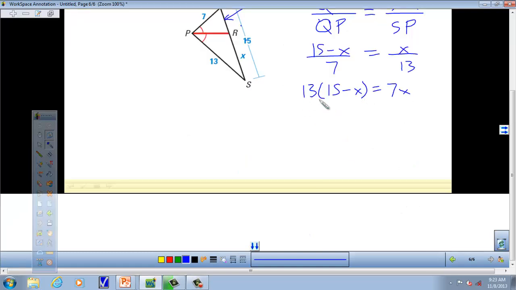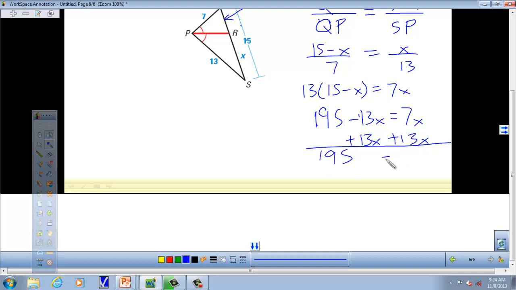We're going to multiply that out. I don't know what 13 times 15 is. So 13 times 15 is 195 minus 13x equals 7x. We're going to add 13x to both sides. If we do that, we get 195 is equal to 20x.